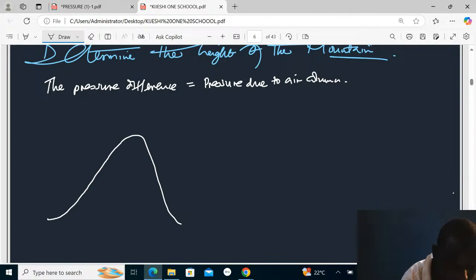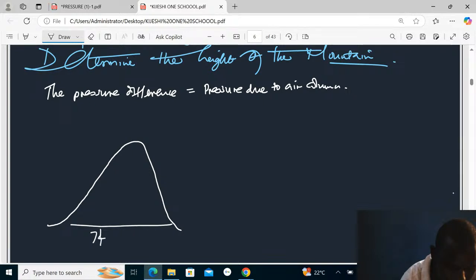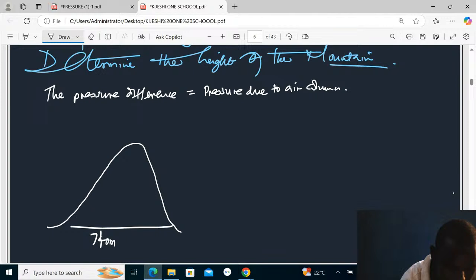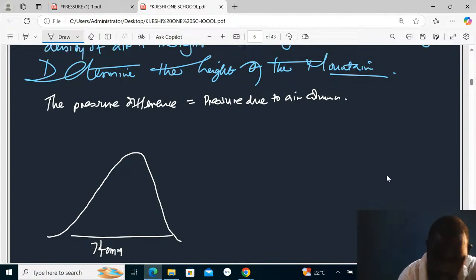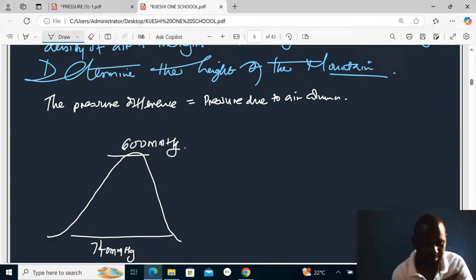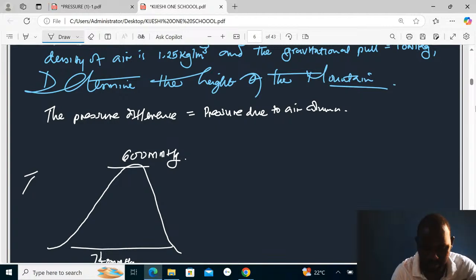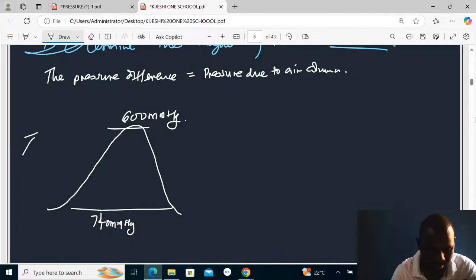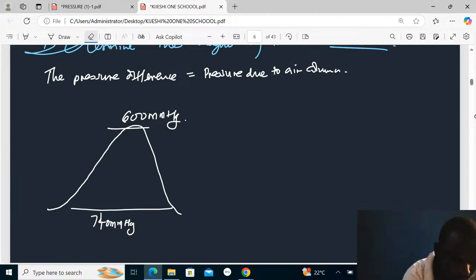So at this place, we're having 740 of mercury, and at the top we have 600 millimeters of mercury. Then we have now the air column.